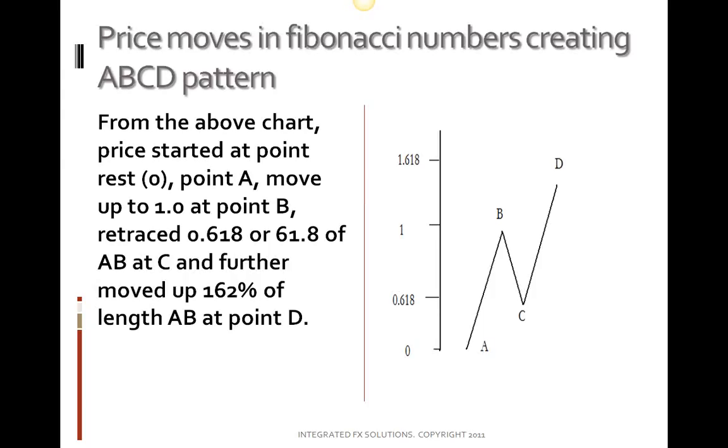Our AB is the impulsive wave. For every impulsive wave there will be a correction, and the price corrected the movement of AB to C at 0.618.